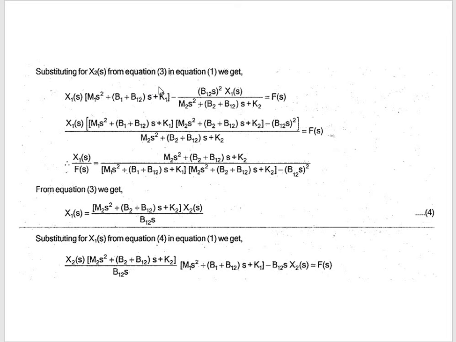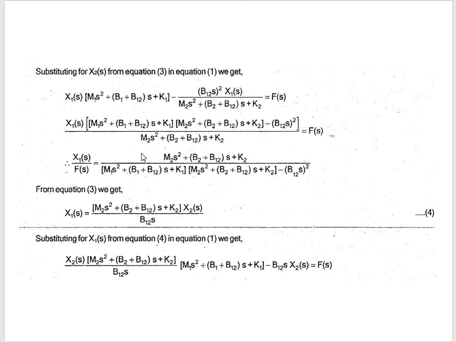equation 3, x2 of s, into equation 1, we get the equation as x1 of s into m1 s square plus b1 plus b12 into s plus k1 minus b12 s square into x1 of s divided by m2 s square plus b2 plus b12 of s plus k2 is equal to f of s.